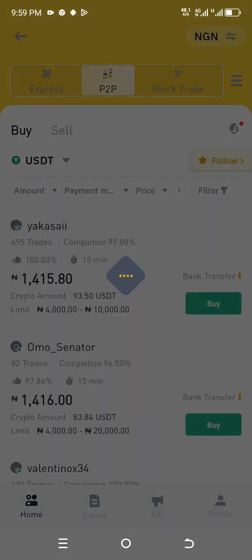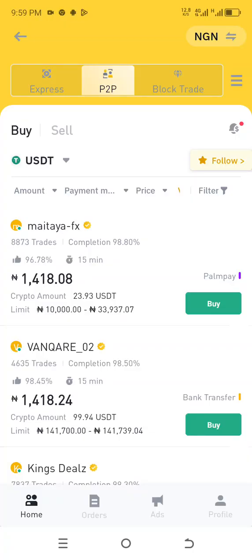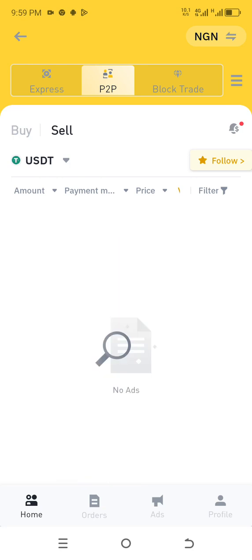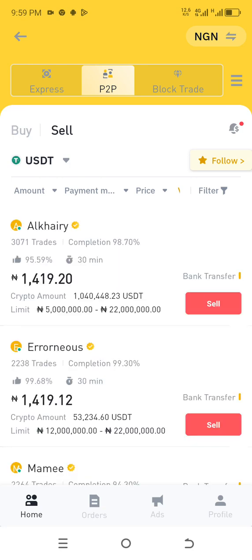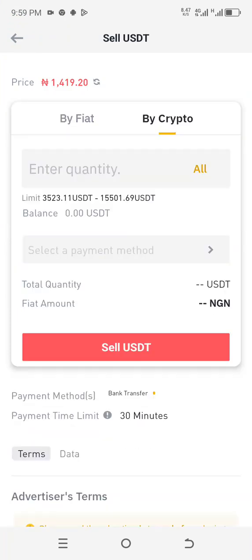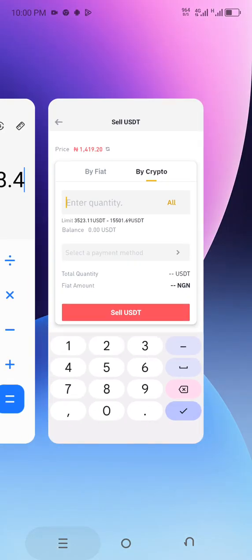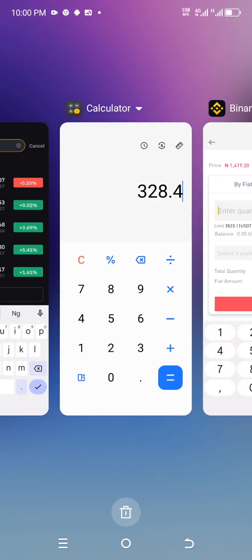So let's say we are selling to this first man here. As I said, your money must be a little bit huge for you to really enjoy this arbitrage. Let's see what we have. We have 358.4.